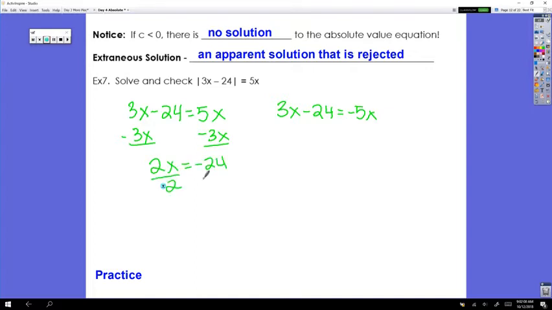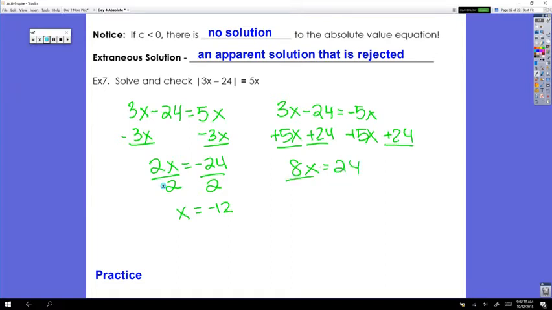Divide both sides by 2. x is equal to negative 12. If we were to solve for this one, we would get 8x equals 24. Divide both sides by 8. And x is equal to 3.